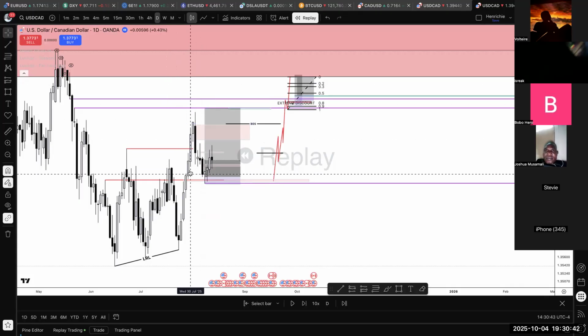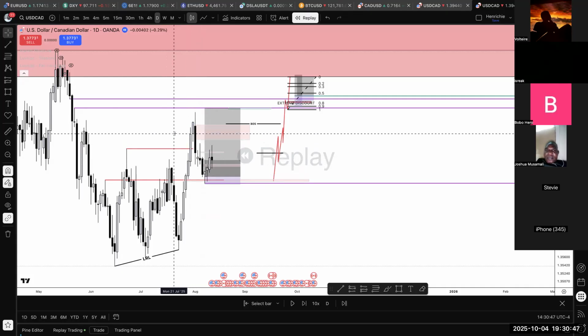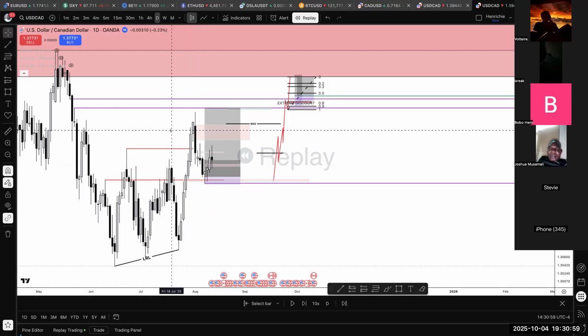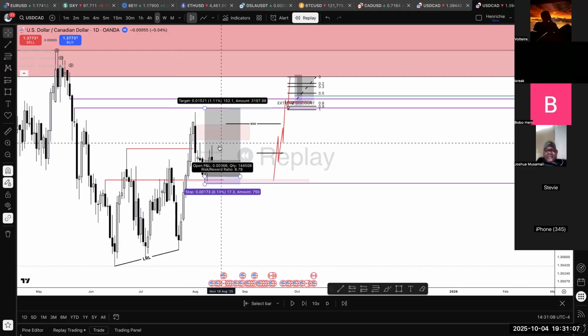For example, if you're trading USDCAD, on average, on a very volatile day, it does 0.7, 0.8%. On a very good week, it can do 1%. So if your take profit is above 2%, that means you plan on holding that trade for weeks on USDCAD.